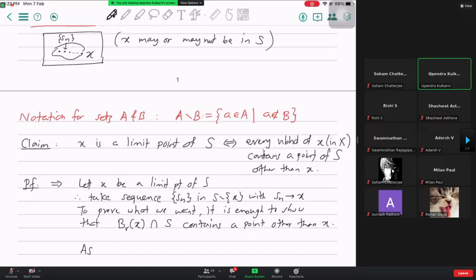But let's write this down. So as X, oops, I keep making this mistake. As Sn goes to X, there exists N such that for all n greater than N, what is the key thing to write over here?